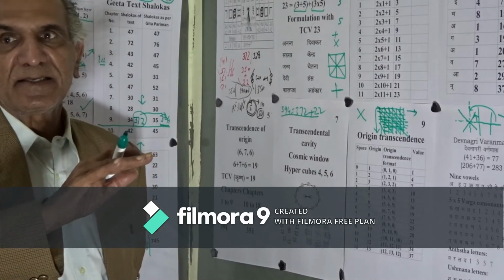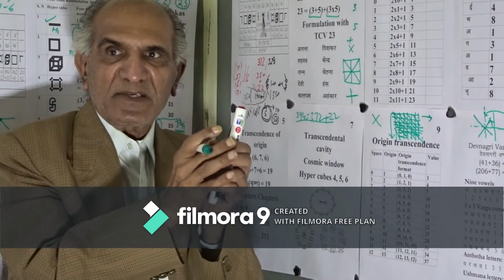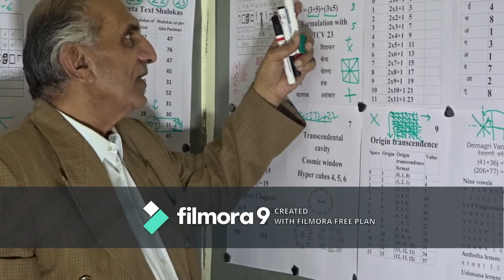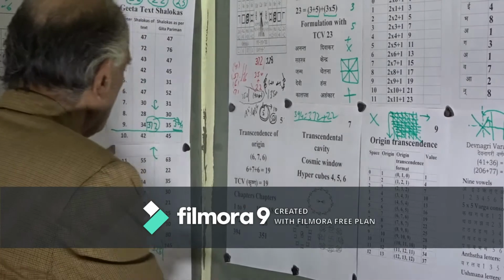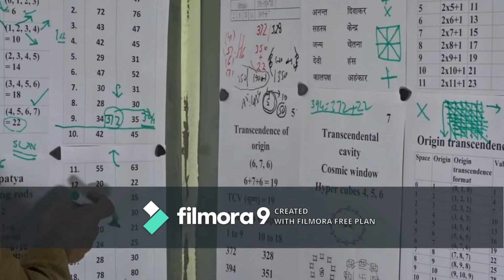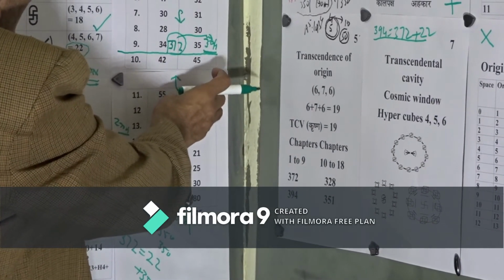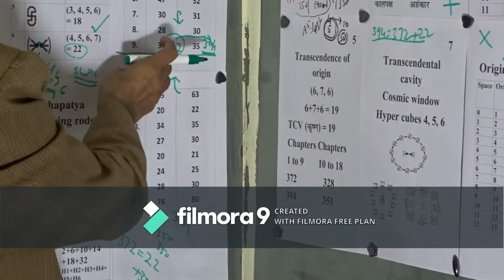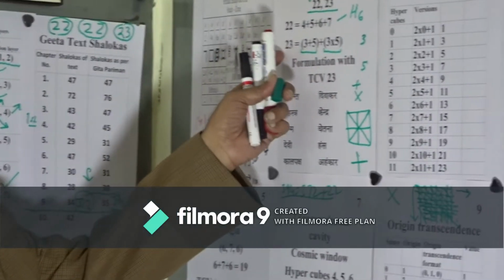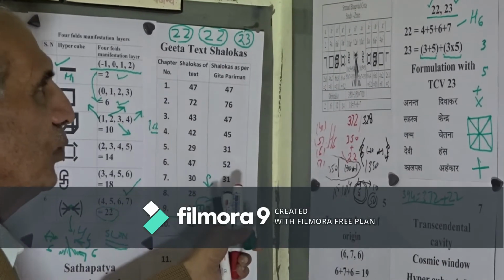Let us have a pause here. Let us go slow. Let us just at present take that the availability of value 23 is for the second half of the text of Srimad Bhagavad Gita. The format for the second half of the text of Srimad Bhagavad Gita is of value 23, while for the first half the value remains 22.